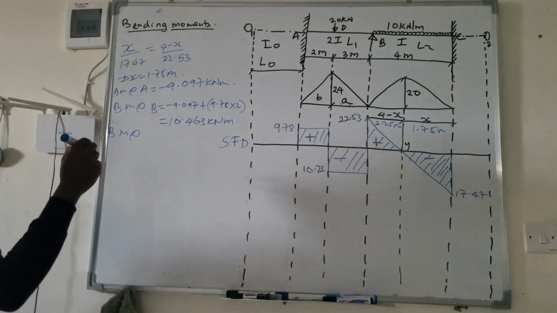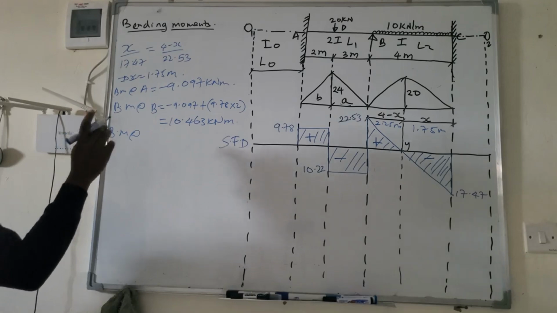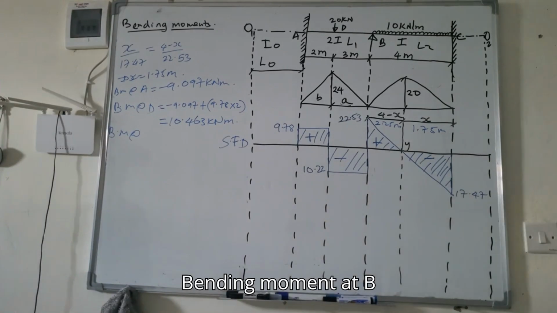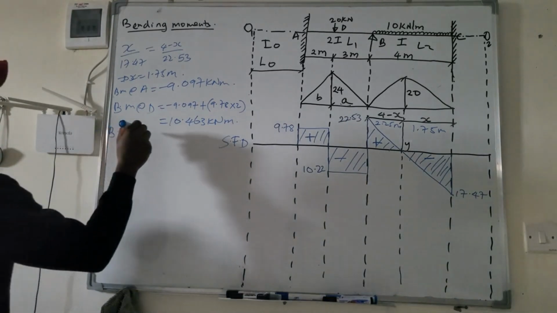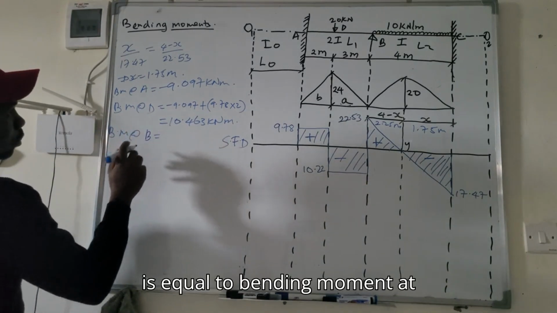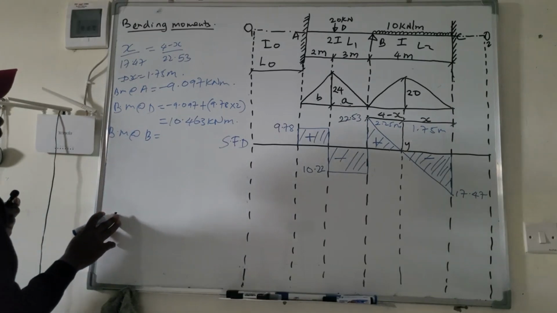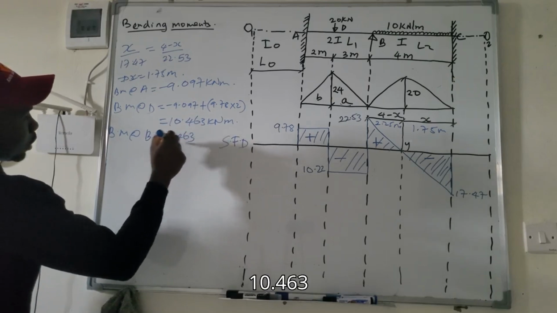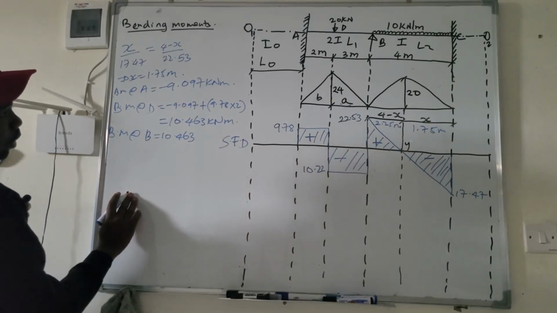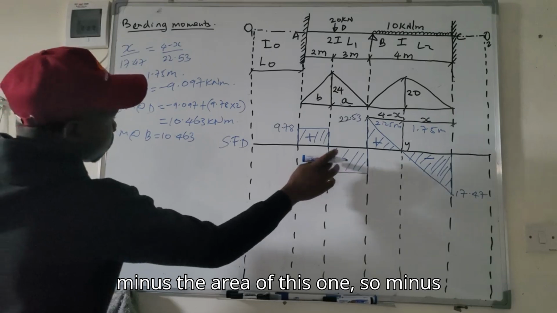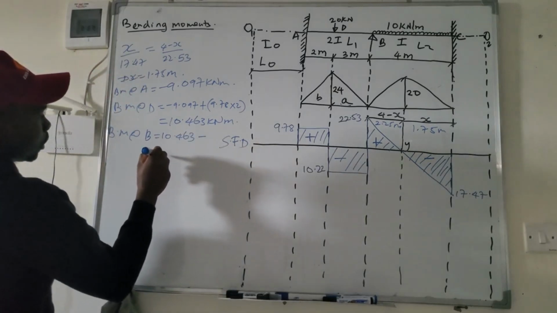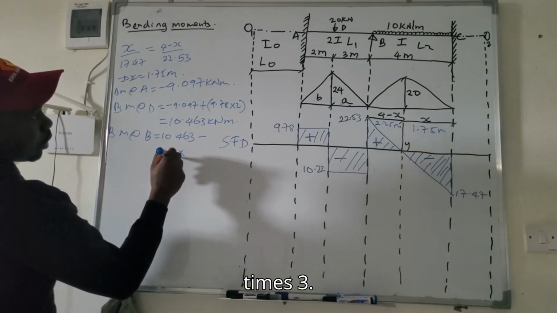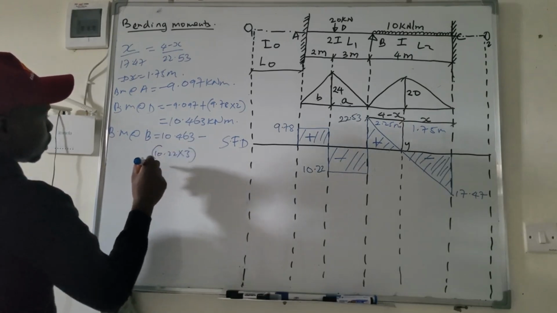Bending moment at B is equal to bending moment at D, which is 10.463, minus the area of this one. So minus 10.22 times 3.